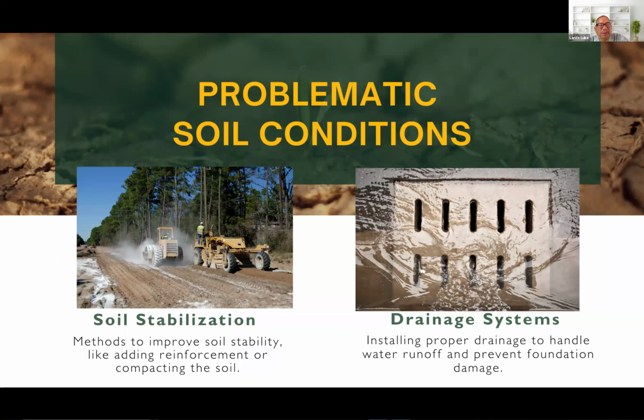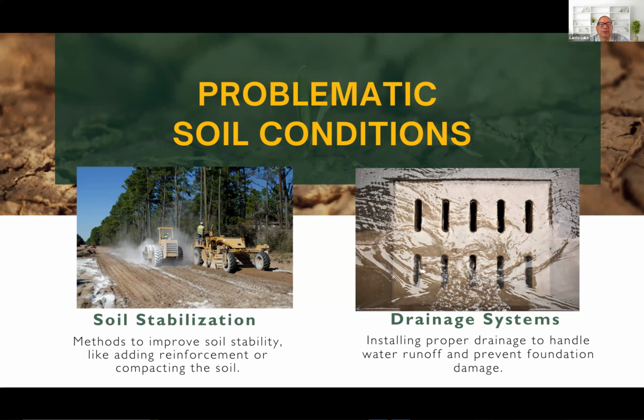Soil stabilization: methods to improve soil stability, like adding reinforcement or compacting the soil. You have drainage systems: installing proper drainage to handle water runoff and prevent foundation damage. Now, this is where the civil engineer comes in, because let's say you're developing a huge subdivision.